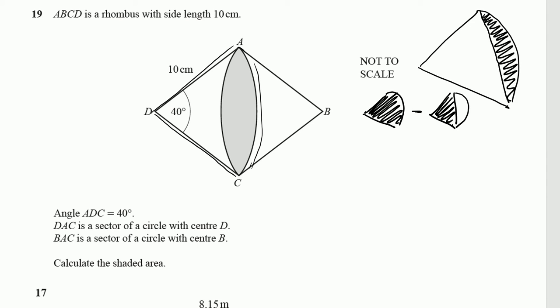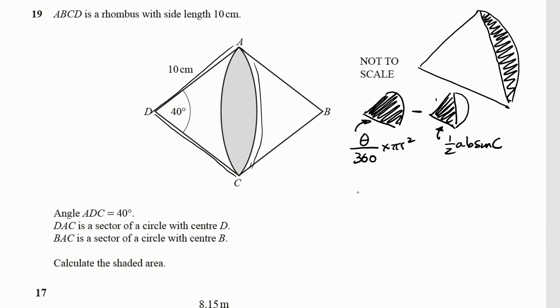Now, the area of a sector formula is the fraction of the circle we're dealing with, theta over 360, times the area of the circle itself, pi r squared. And the area of this triangle is a half AB sine C.